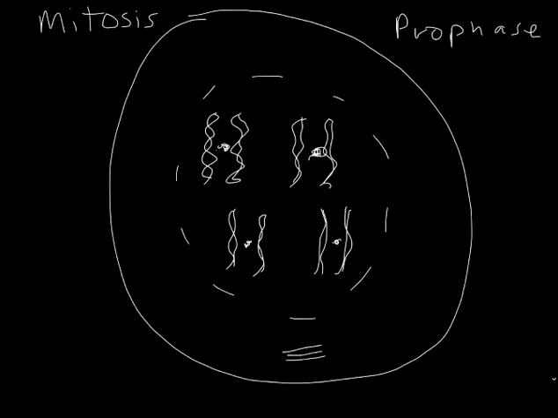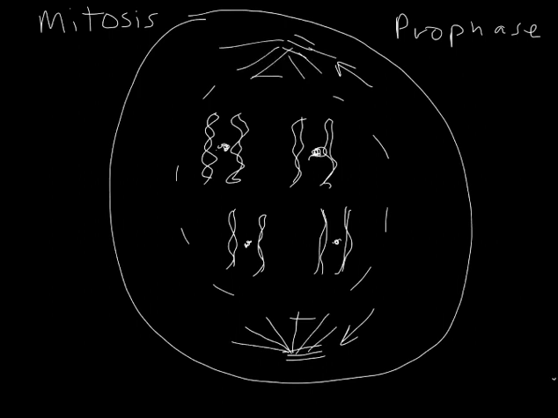That centrosome separates such that we have centrioles that go to opposite ends of the cell. And these networks of protein fibers start to release individual protein fibers known as spindles. These spindles or spindle fibers will begin to connect to these chromosomes and align them within the cell.